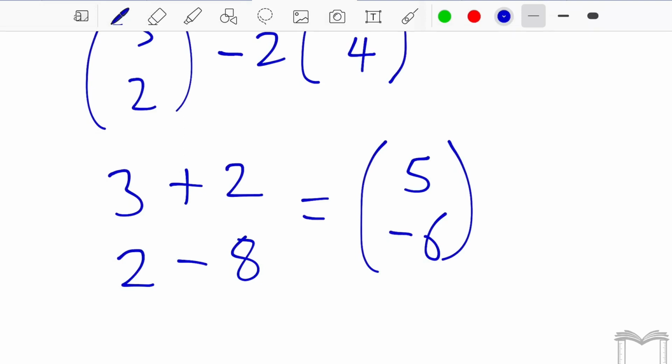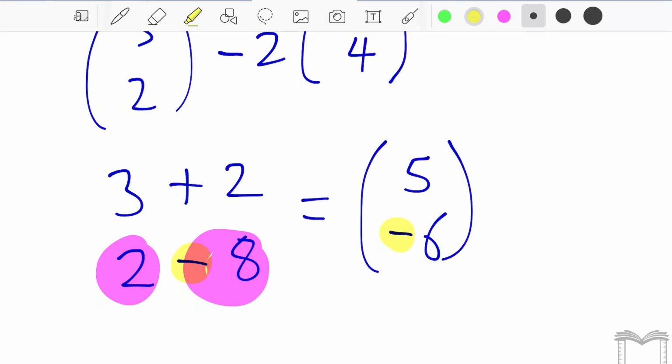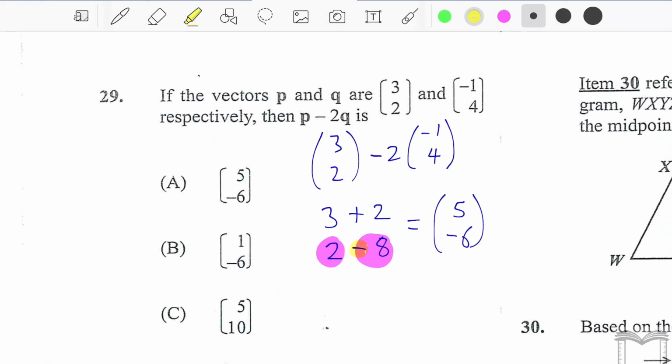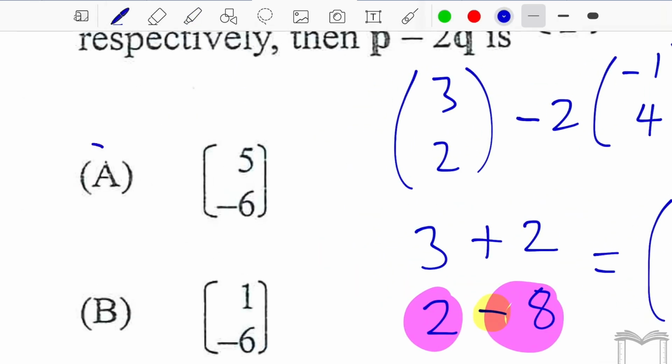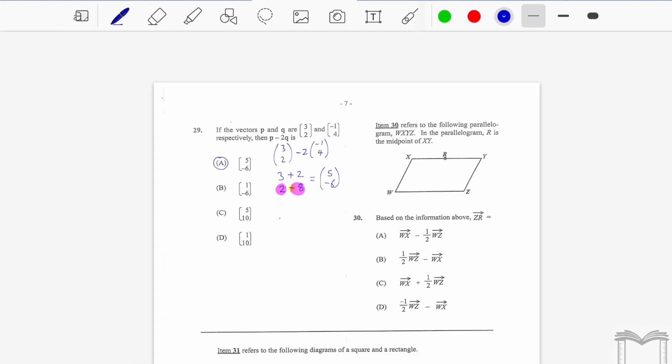So when we have a positive and a negative number being summed, we take the bigger number, take away the smaller number, so that will be 8 take away 2, and we keep the sign of the bigger number. So 8 take away 2 is 6, and we keep the sign of the bigger number, so that's minus 6. So we are looking for 5 minus 6, that's A. So A is your answer.